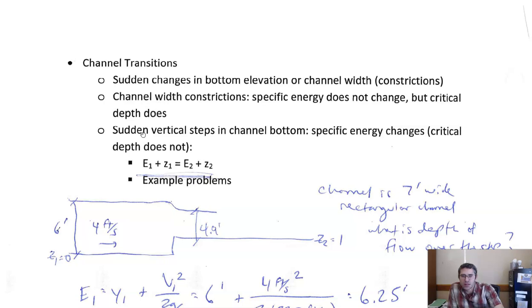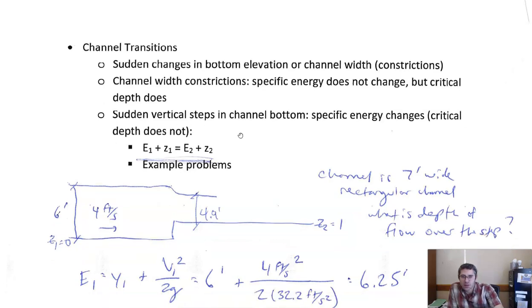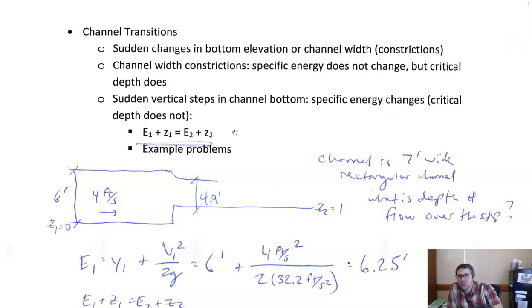in a sudden vertical step, the critical depth is not going to change, but the specific energy is going to change. So the rule is, whatever the specific energy is before the step plus Z1, where Z1 is the elevation of the channel bottom, equals the specific energy after the transition plus Z2, where Z2 is the elevation of the channel bottom after the step.